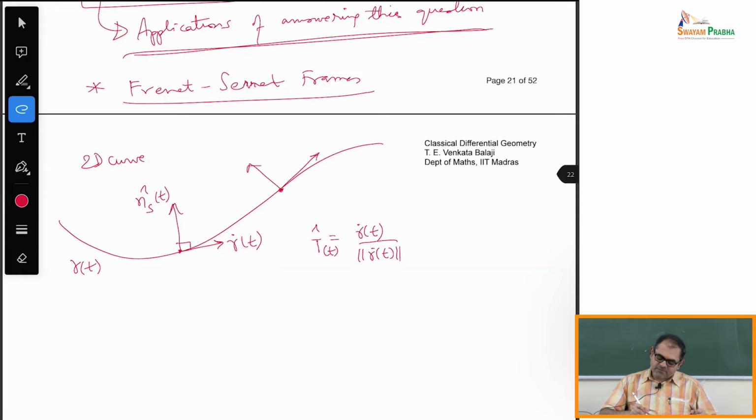So if this is some t1, at this point I will get T cap at T1, and this is P naught, this is gamma T naught, and this is, let us say, P1, this is gamma of T1, and this is 90 degrees, and you are going to get this, N cap at T1. So do you see that at every point there is a frame.